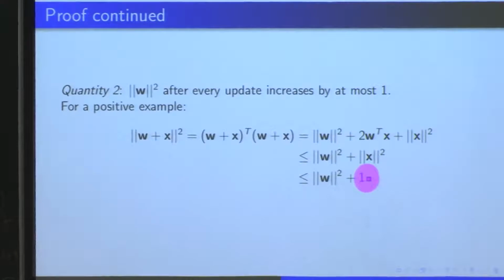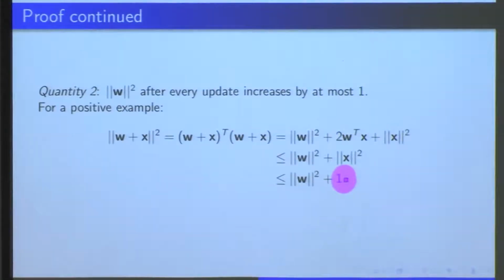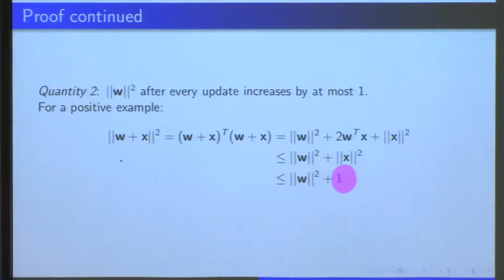Oh, I didn't add the y, I'm sorry. I think I've missed the y here also. For a positive example, okay. Fine. But let's write on the board in general for any y.